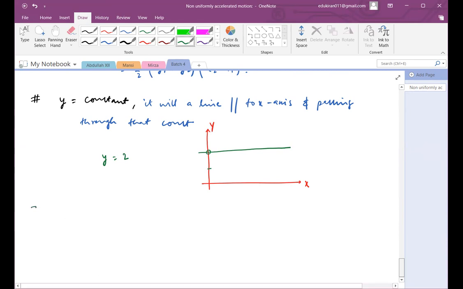Next, if y is proportional to x, it means both have one power. So it will define a linear graph or straight line.